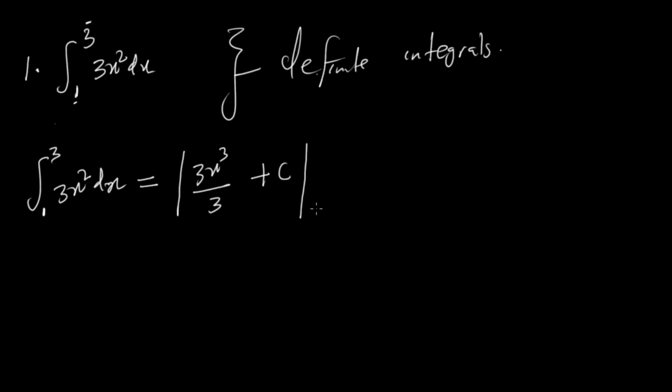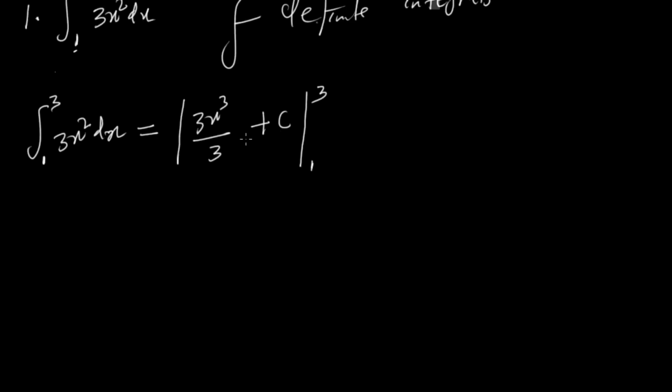We put the lower limit at the bottom, this is 1, and at the top right-hand corner we have the upper limit 3. So the 3 is going to cancel out, and I have x cubed plus c from 1 to 3.